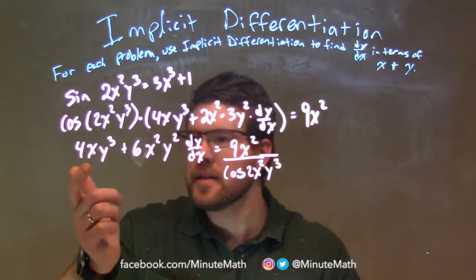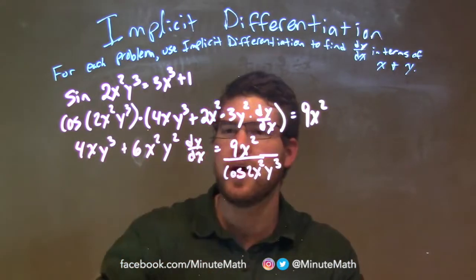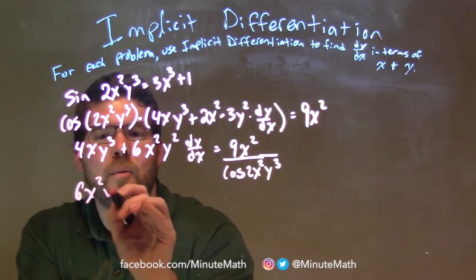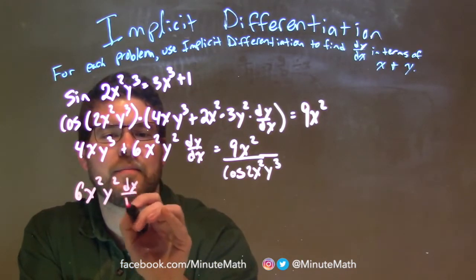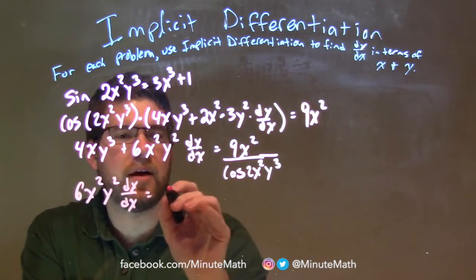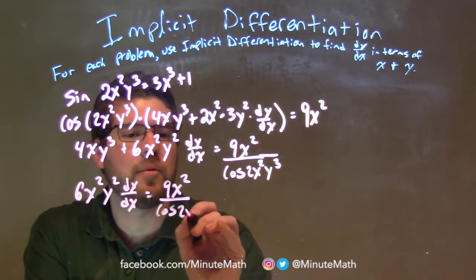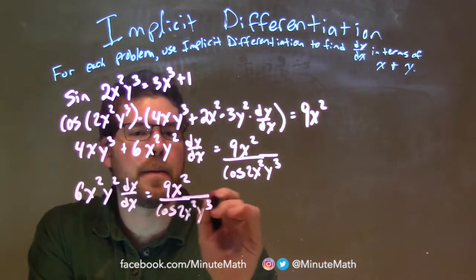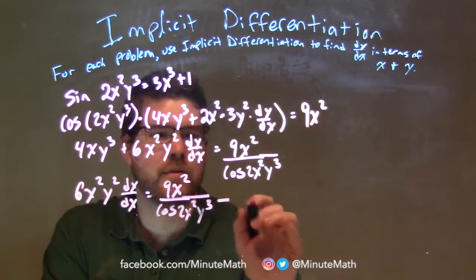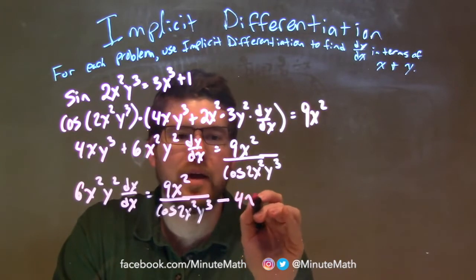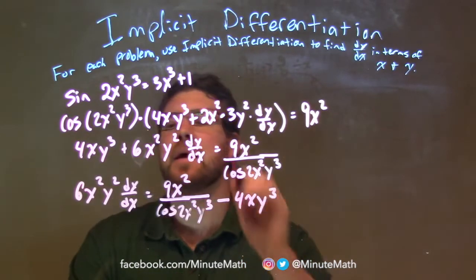Now I'm going to subtract 4x y cubed from both sides. Slowly getting there. So I have 6x squared y squared dy/dx equals, bring this down, 9x squared over cosine of 2x squared y cubed minus, this is what came over, we're subtracting from both sides, 4xy cubed.